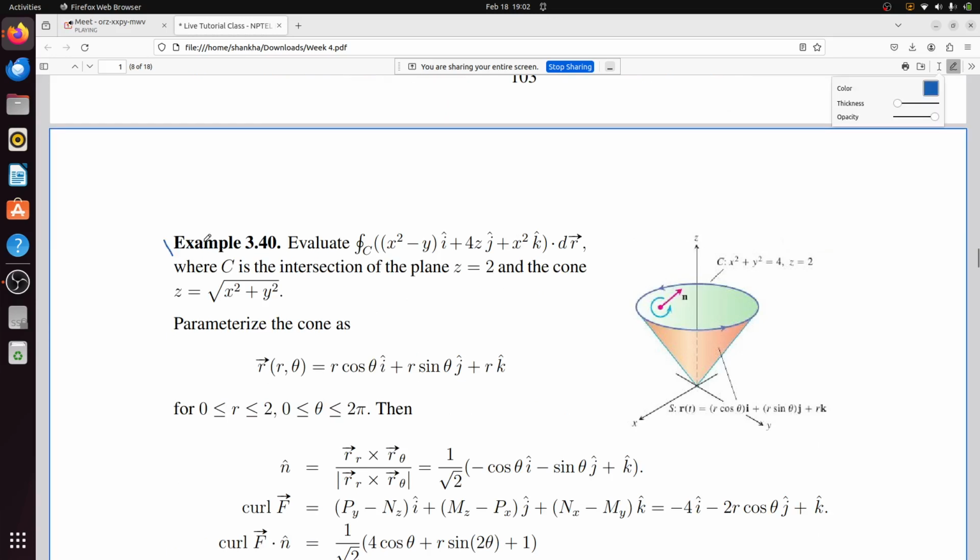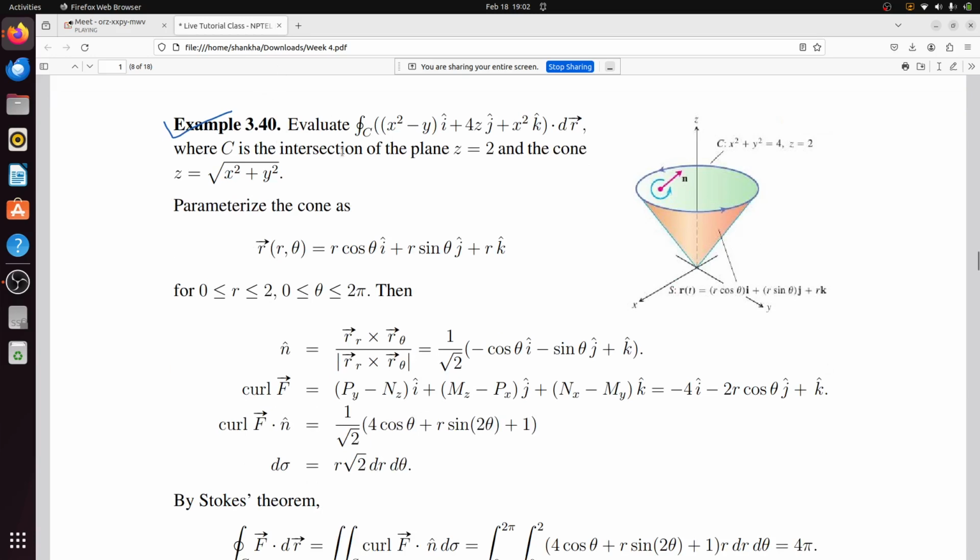Next, this problem. So we have two examples, so what does this closed form mean? This closed form means you have to take one closed-form integration, right? Z is 2 and the cone is this.